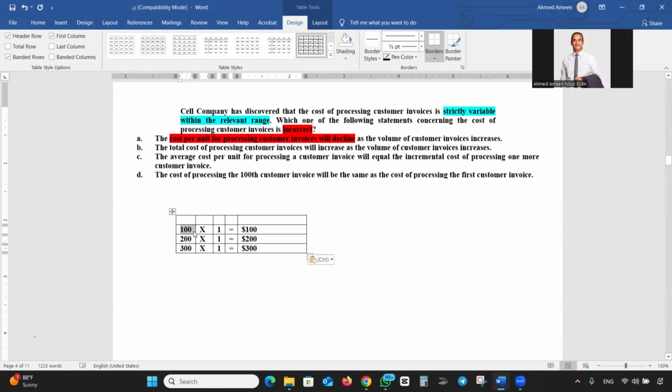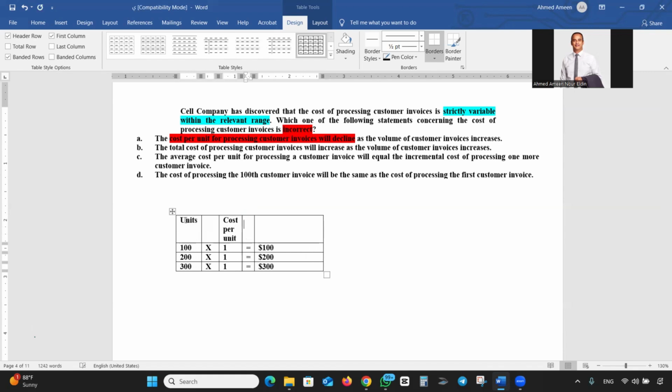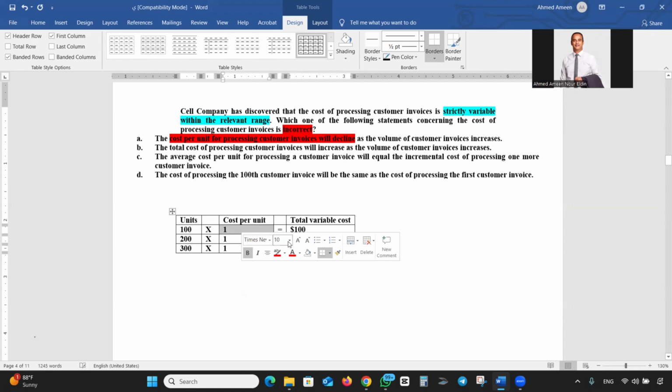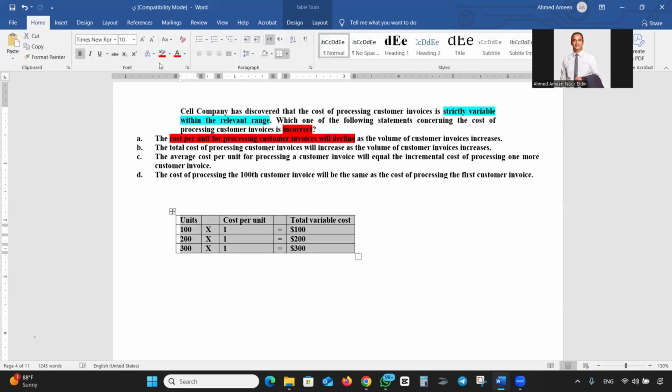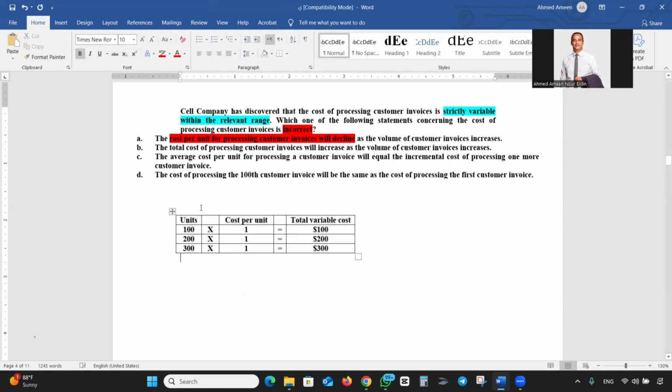Here is the number of units, here is the cost per unit, and here is the total variable cost. The cost per unit remains $1 per unit. Whenever you increase the production to 100, 200, 300 units, the cost per unit is the same, because we are in the relevant range.